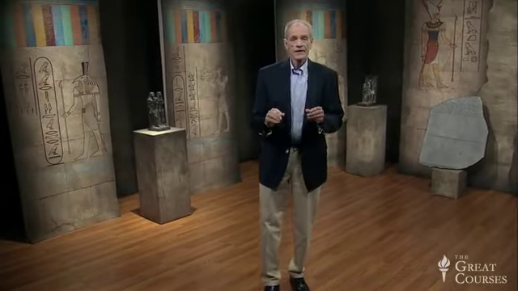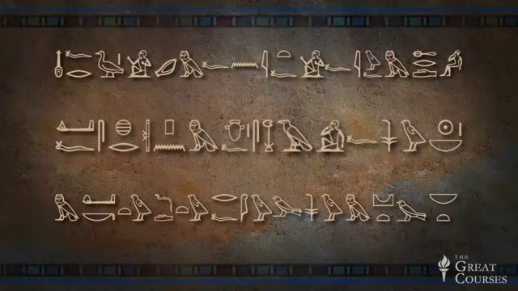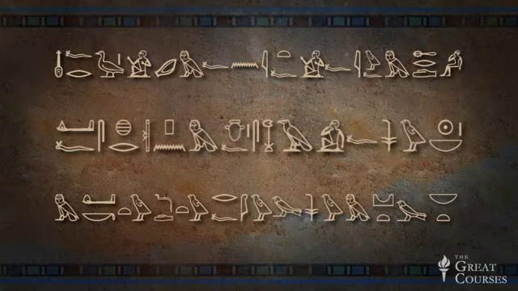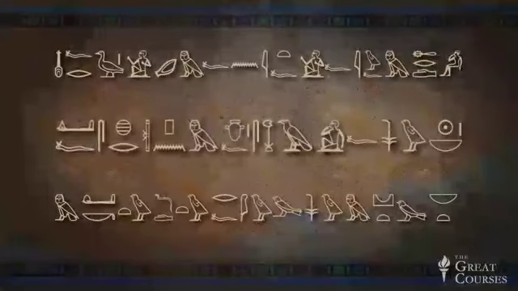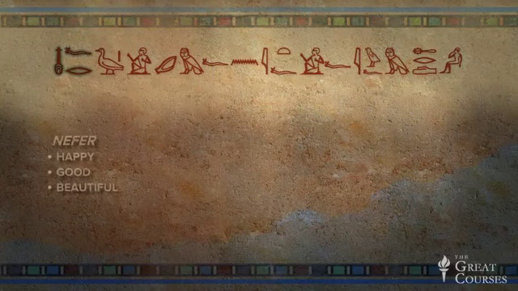Good. You're doing well. Now let's look at the homework sentences that used adjectives, starting with the long, difficult one that's a maxim. My suggestion was that you break it into words and then try to figure out its meaning. So let's do that. Well, what's our first word? Yes, it's nefer, which means happy, good, or beautiful.